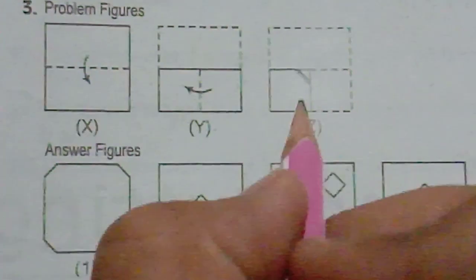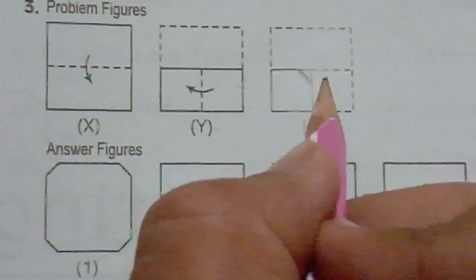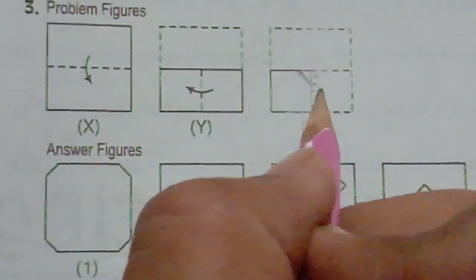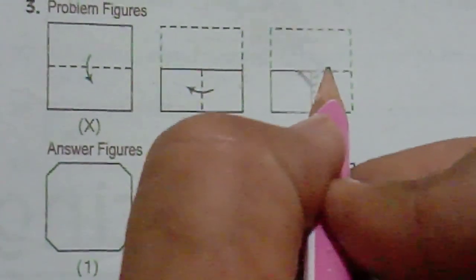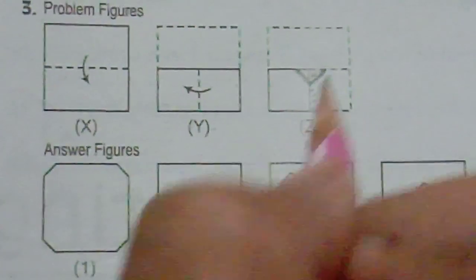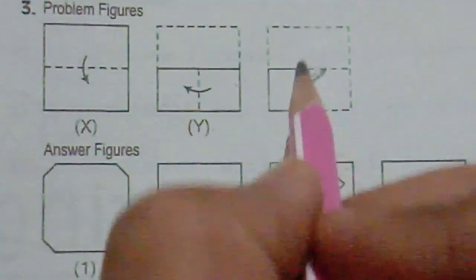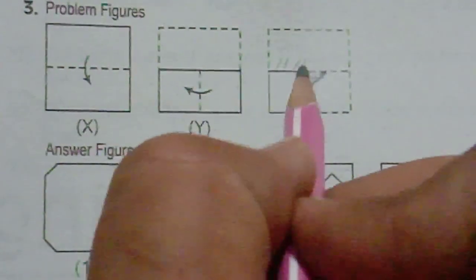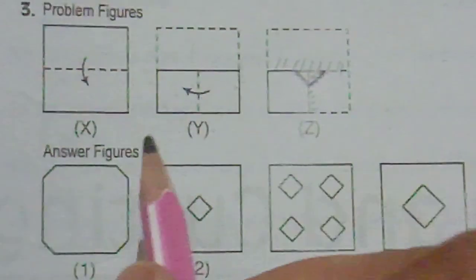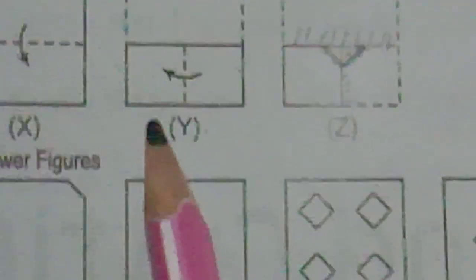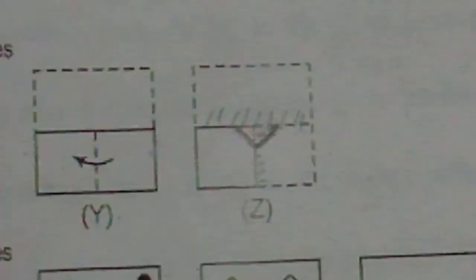Students, we can make the parts here. One folding is there, so we have to take first this as a mirror image. If you take this mirror image, the line will come here like this. Now after that, this as a mirror image. Cleanly observe this one. This as a mirror image we have to see, students.